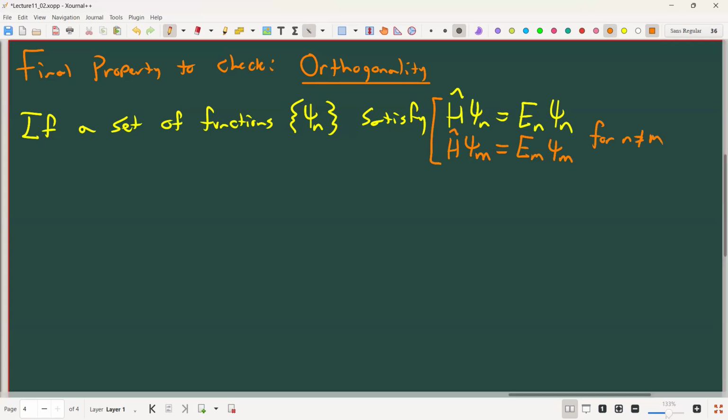Imagine these are 2 different levels of the particle in the box, or 2 different levels of the harmonic oscillator, or 2 different energy states of a free particle, anything.